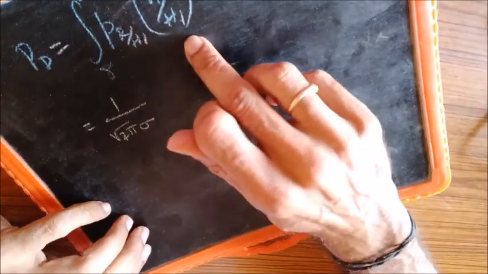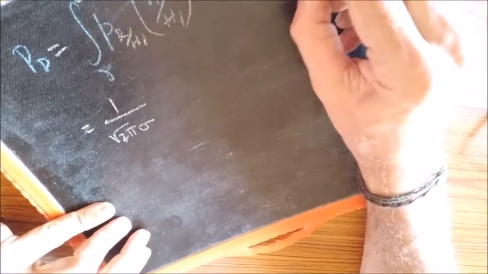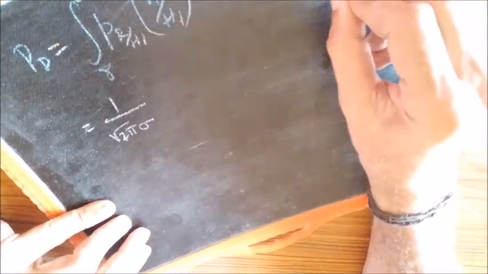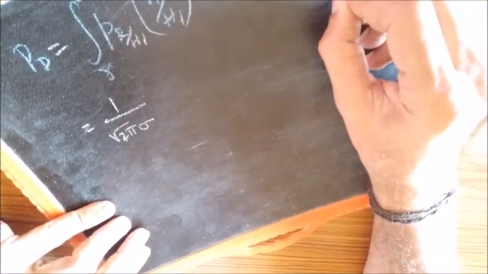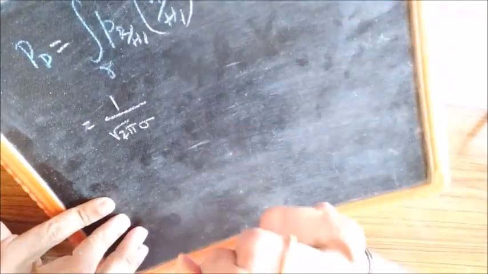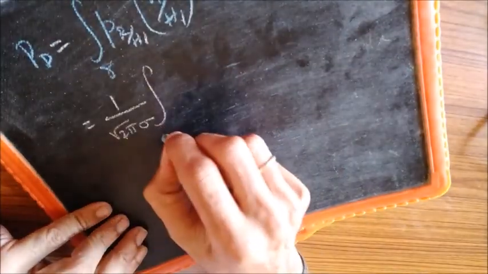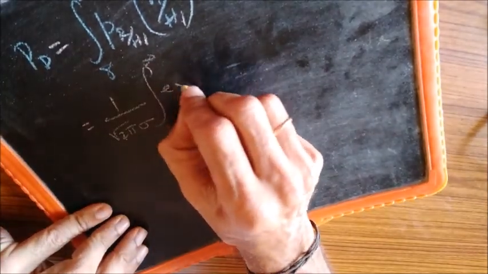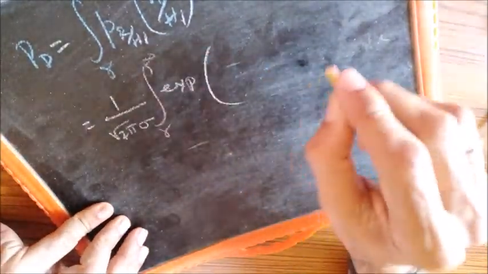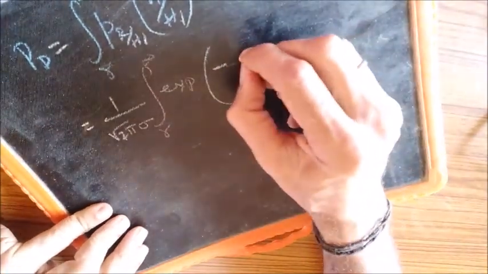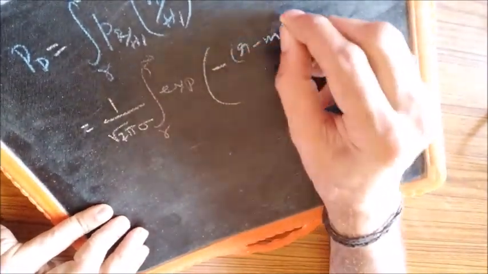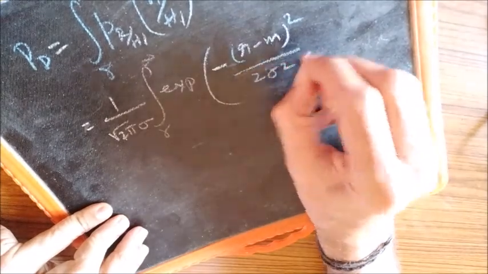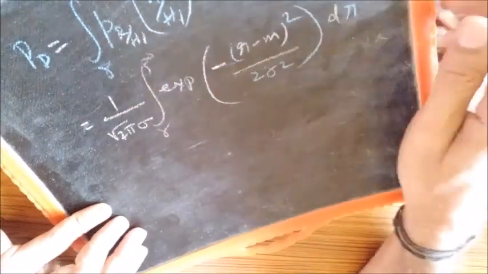Recall that when H1 is the true hypothesis, what you receive is m plus n, where n is the noise random variable, 0 mean, sigma square variance, and m is a known number. So the density function now becomes 1 by root of 2 pi sigma e raised to minus r minus m whole square by 2 sigma square, dr.